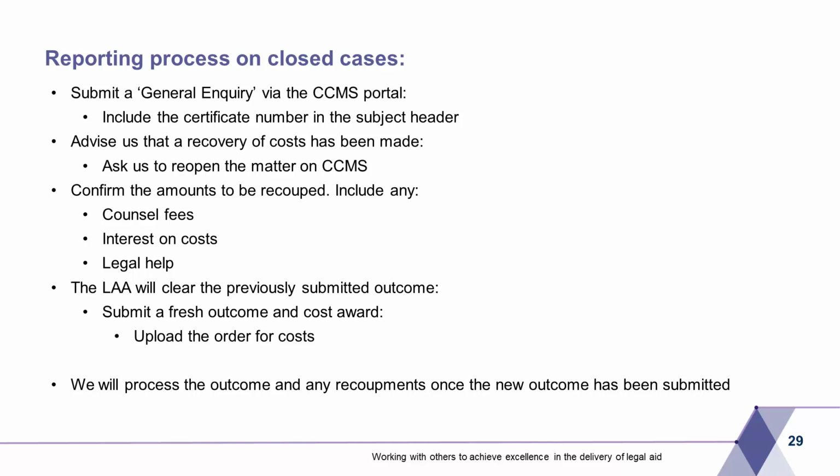The inquiry should also detail all the amounts to be recouped, and remember to include not just your costs, but any counsel fees, interest on costs, and legal help. The agency will clear the previously submitted outcome, enabling you to submit a fresh outcome to upload the order for costs. We'll then process the outcome and any recoupments once the new outcome has been submitted.